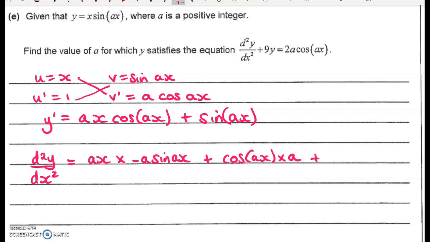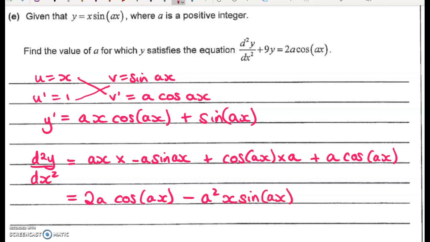Then the derivative of sine ax is a cos ax. And if we tidy that up, we get 2a cos of ax minus a squared x sine of ax.